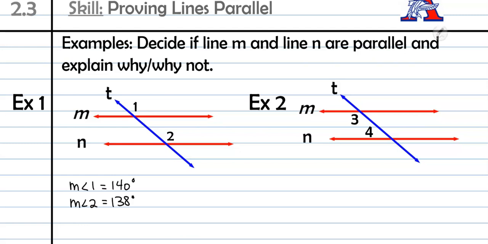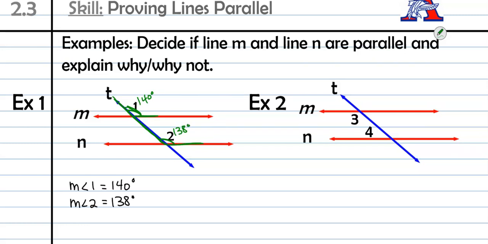Well, the first question is what kind of angle pair are angle 1 and 2? Well, if we draw the letter F, we can see that this guy and this guy are kind of on the inside. And it said angle 1 was 140 degrees and angle 2 was 138 degrees.